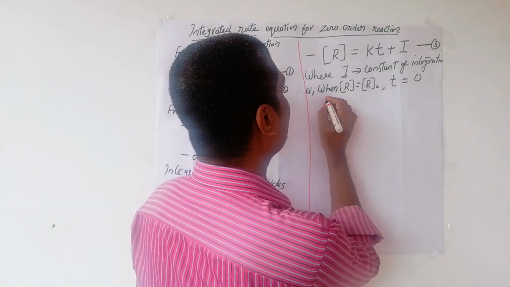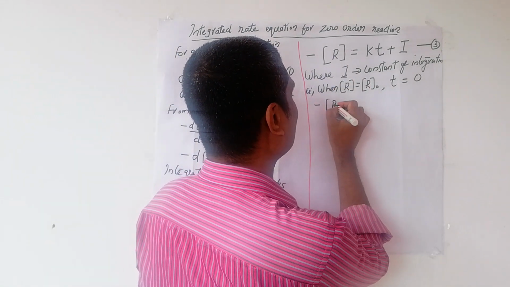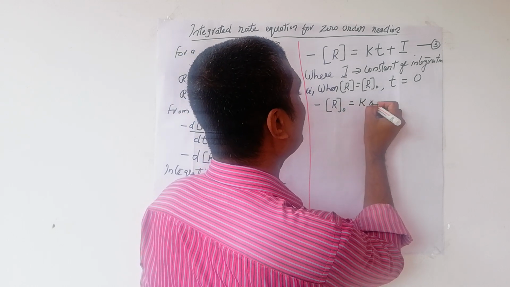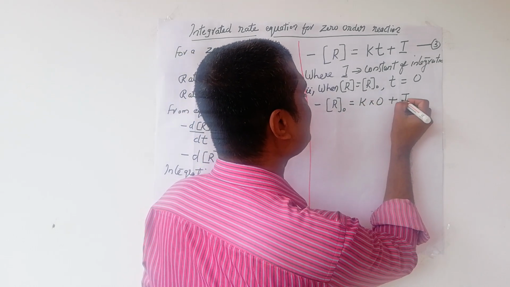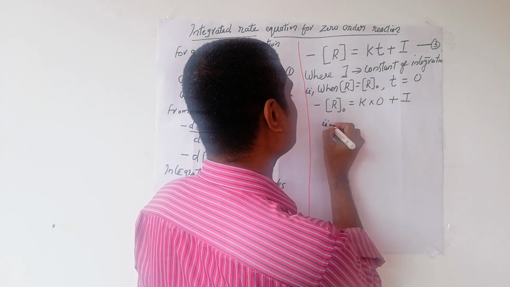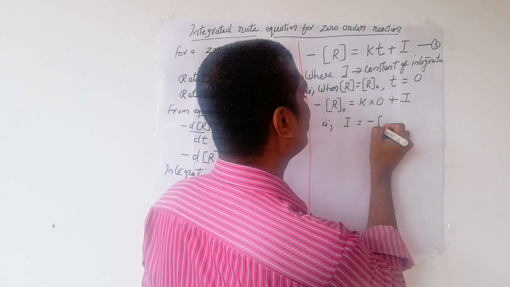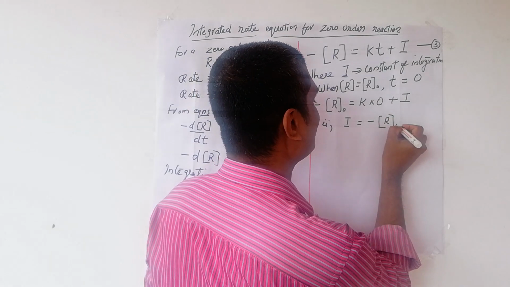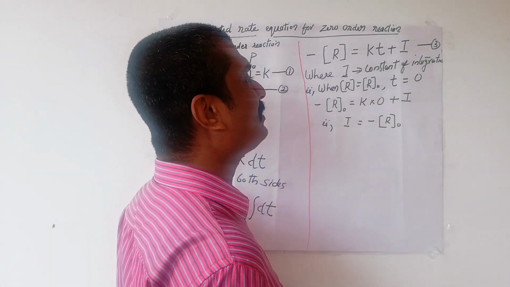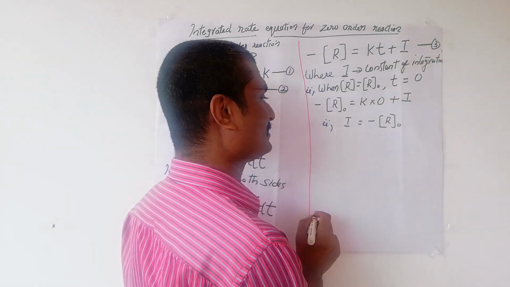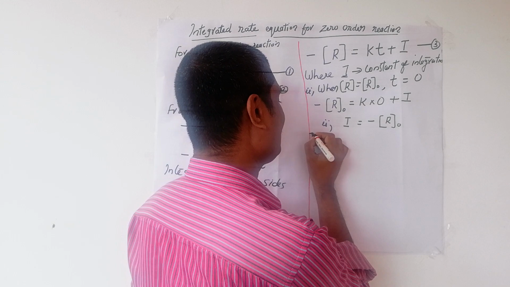Then equation 3 becomes minus R0 equal to K into 0 plus I. That is, the value of I equal to minus R0. The value of I can be substituted in equation 3.